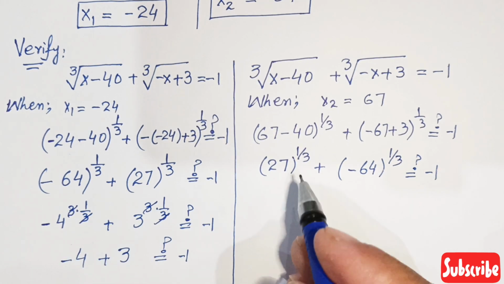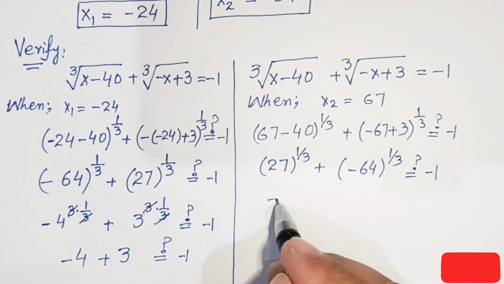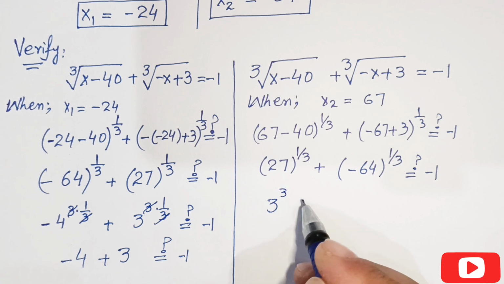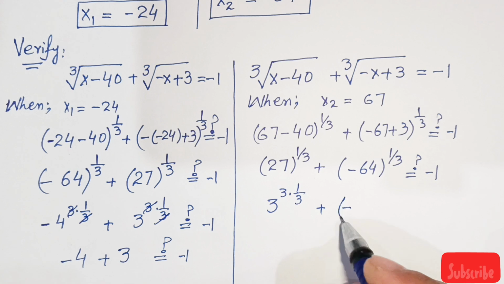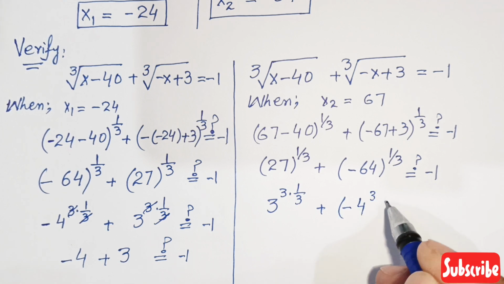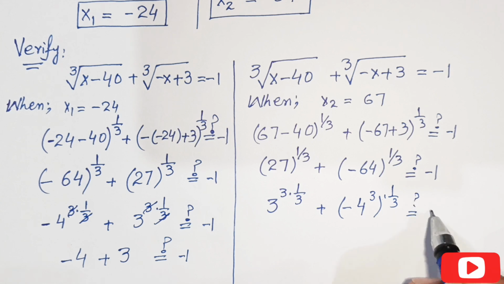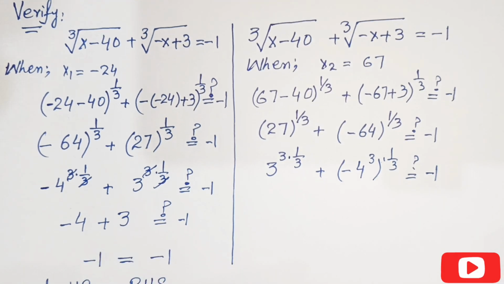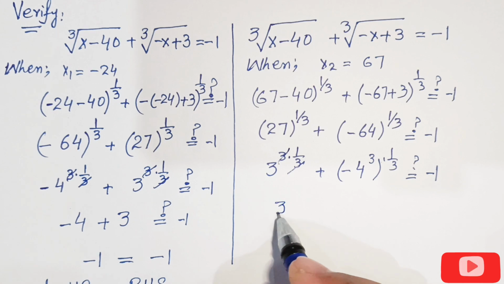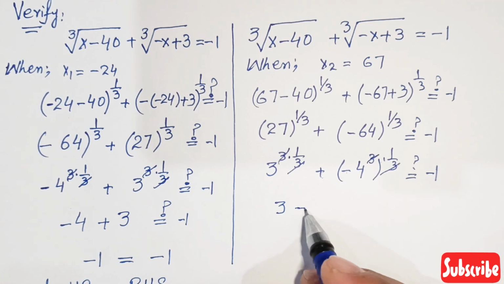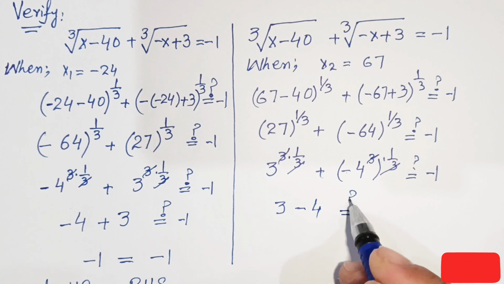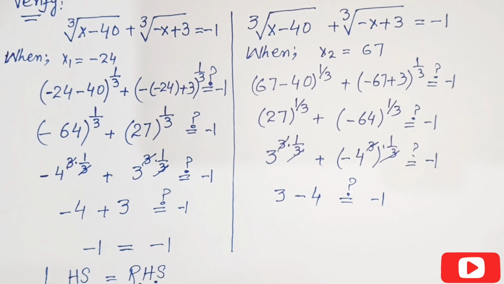So here 27 is equal to 3 to the power 3, times 1 over 3, plus minus 4 to the power 3, times 1 over 3. Is it equal to minus 1? Now cancelling 3 with 3 we have 3, and here cancelling 3 with 3 we have minus 4. Is it equal to minus 1?